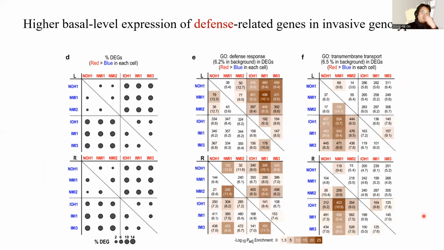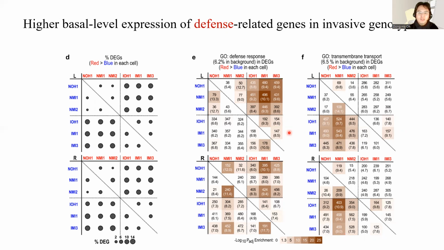And one interesting finding is that the defense response function is always more enriched in genes showing higher basal level expression in the invasive subspecies. So the invasive subspecies is expressing more defense related genes.